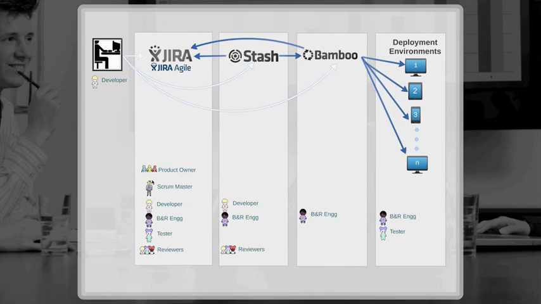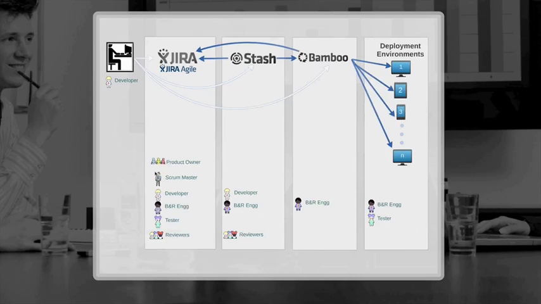So the usual scenario is that a ticket in Jira is the only work assigned to the developer, whereas the product owner wishes to monitor the progress of the ticket at every stage, and the Jira ticket is the only means for him to understand the true status of the underlying implementation. A developer has to specifically handle other tools like Stash or Bamboo, where he does not necessarily have expertise.